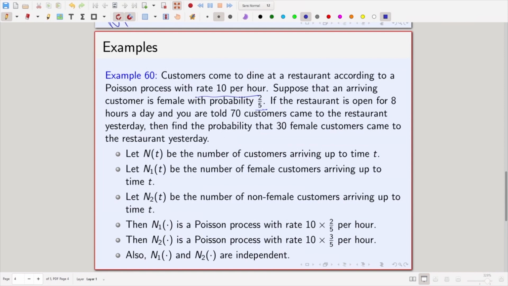Fine. So, if the restaurant is open for 8 hours a day and you are told 70 customers came to the restaurant yesterday, then find the probability that 30 female customers came to the restaurant yesterday.